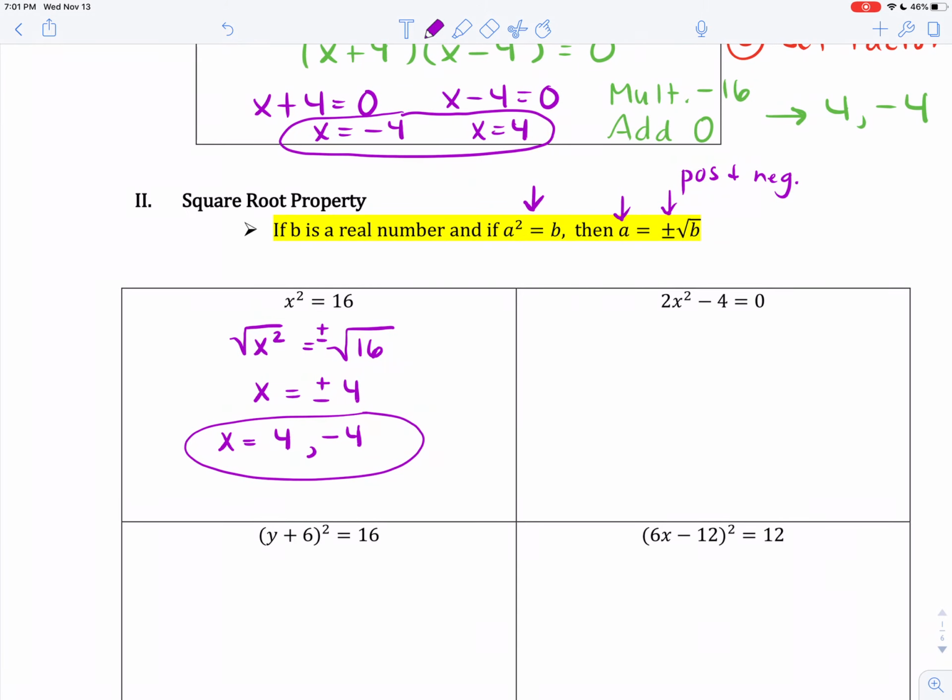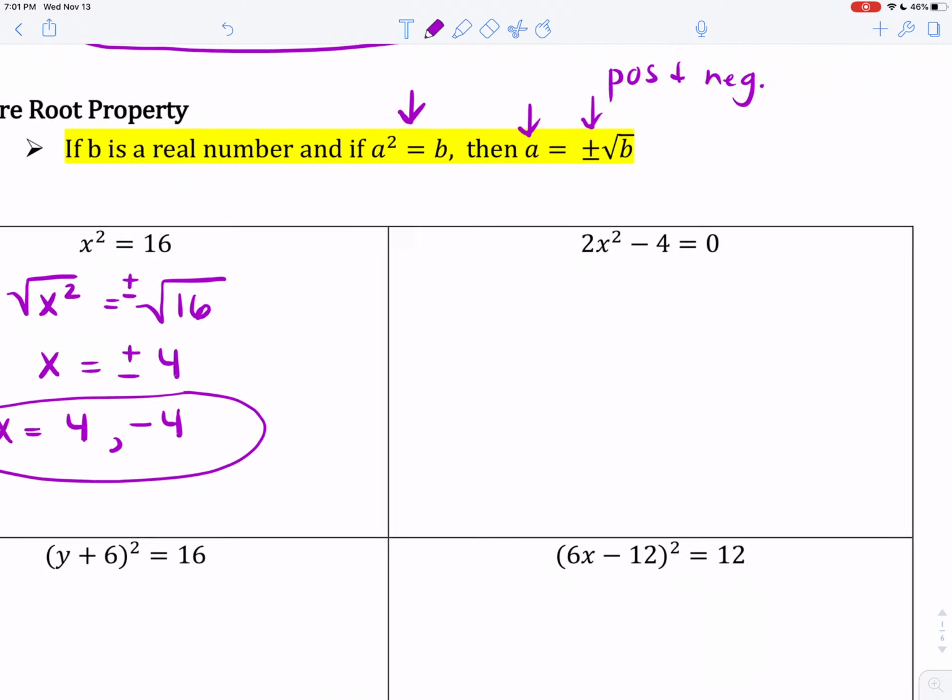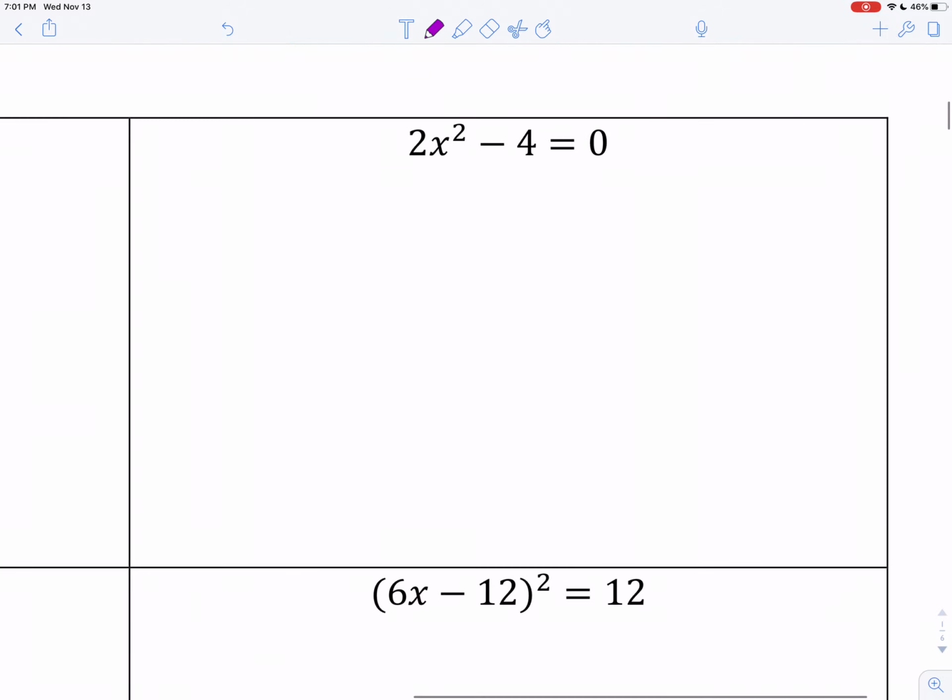Now, you can do this with any type of equation as long as you can isolate x squared. You have to get the square part by itself. So if I wanted to solve this equation, for example, I cannot take the square root of both sides until I isolate the square term.